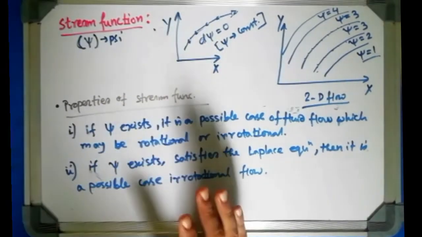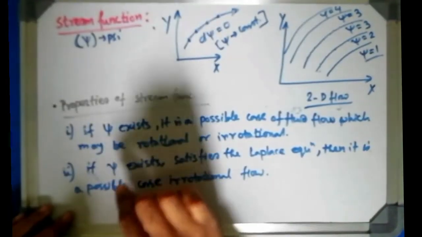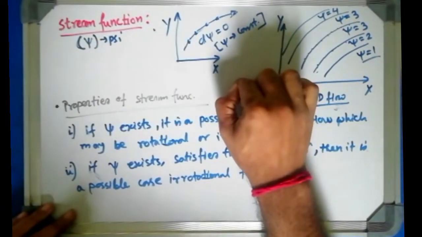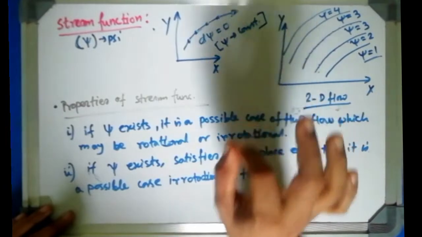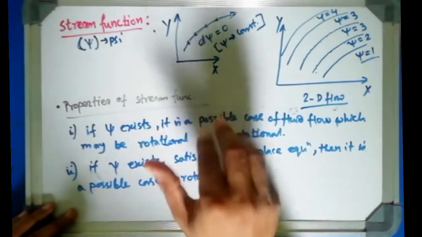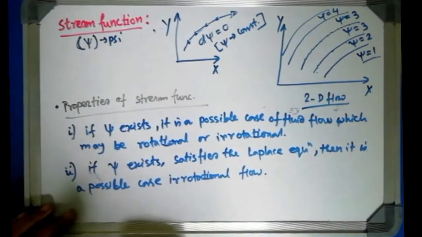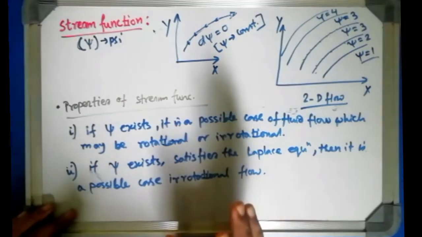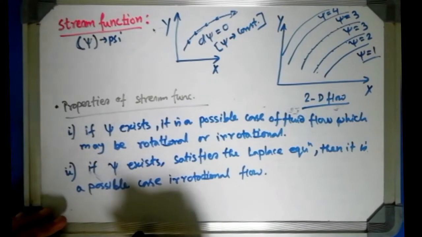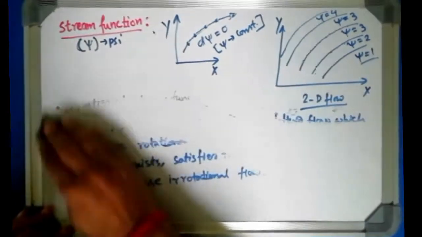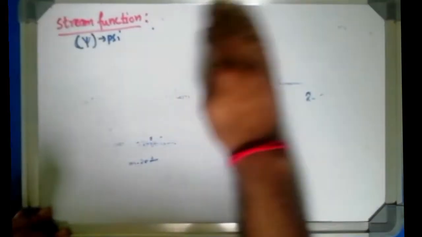Again repeating, if a fluid element is moving from one place to another and the fluid element only has translational motion but no rotational motion, then we say it is an irrotational flow. So after having these two properties, we write what is rotational and what is irrotational flow, otherwise these two properties will not be clear for us.